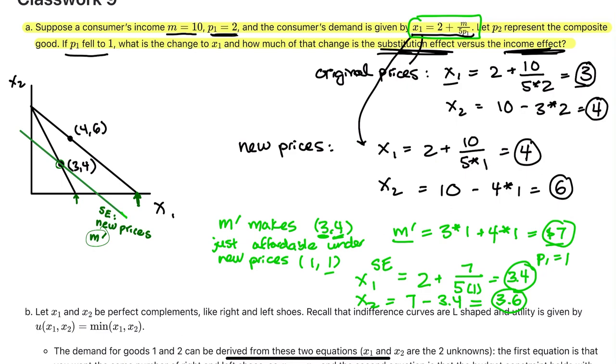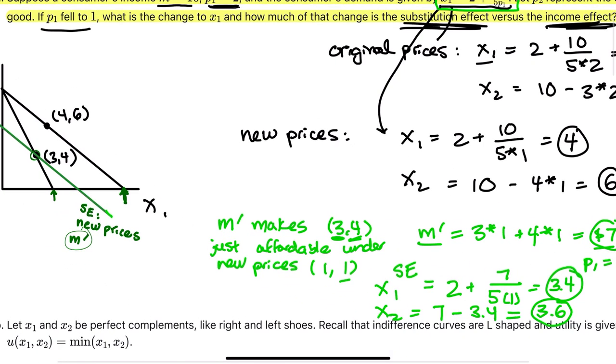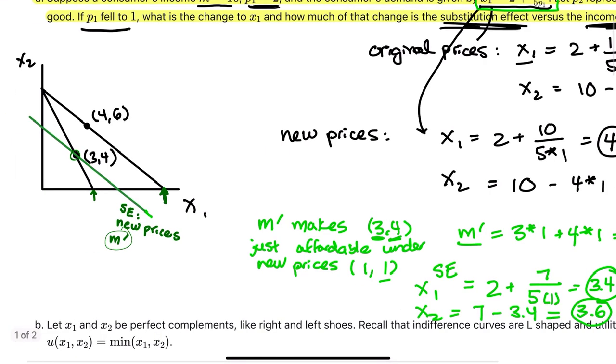All right, so let's put this in our diagram. The substitution effect led us to, does it make sense that it's on this line? Led us to buying 3.4, so a little bit more of good 1. And we're actually super close to this line.